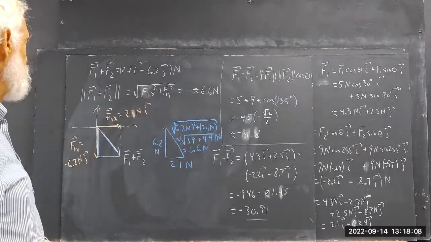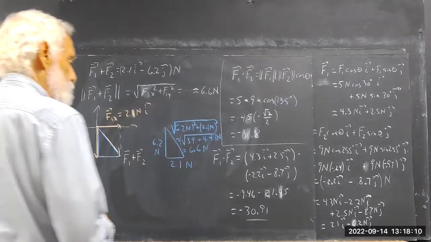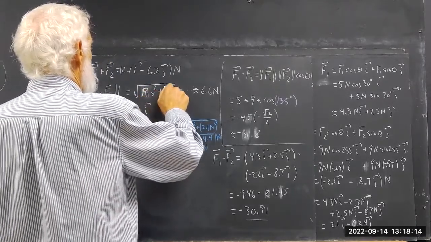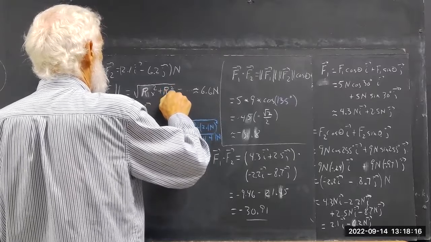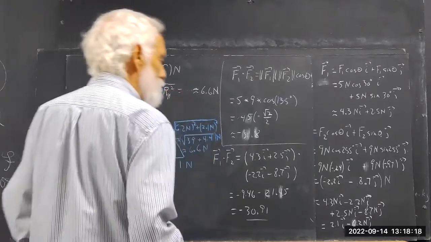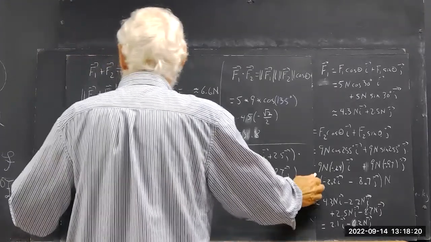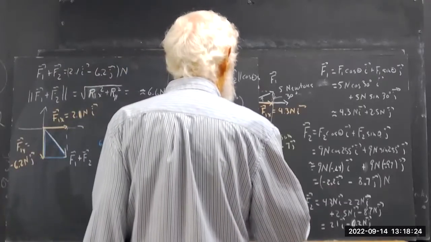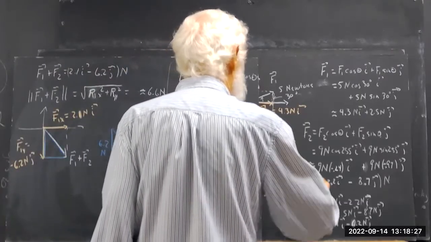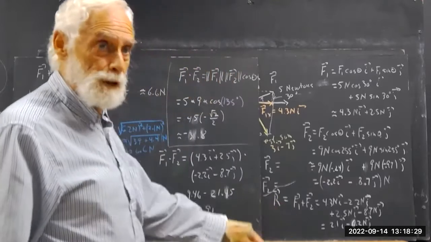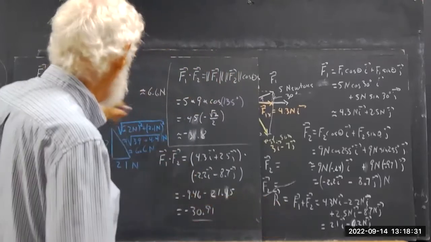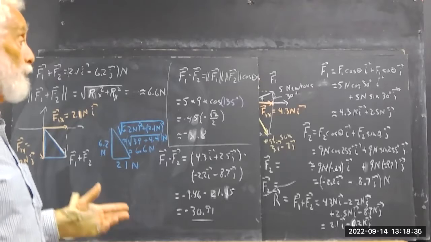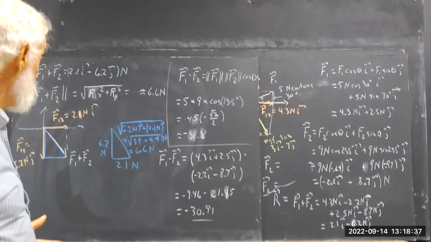It's change out to the R usually. Some of these are for the result. Now that this is the R vector, I can use R here. And the R is whatever you get when you add the vectors up.